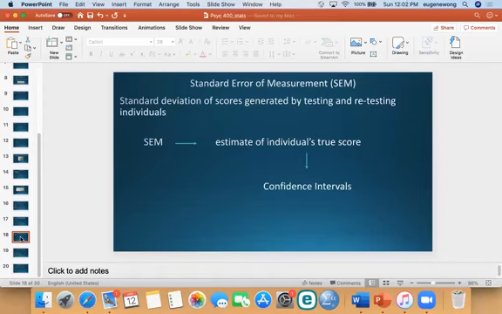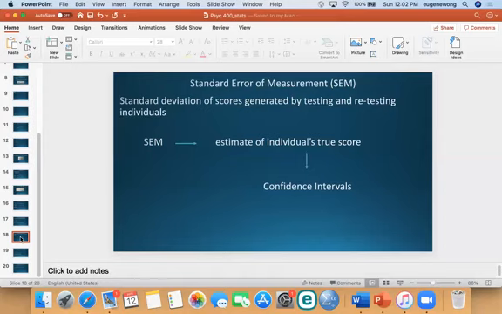So just think of it this way. The smaller the standard error of measurement, the smaller the confidence interval. The bigger the SEM, the bigger the confidence interval.